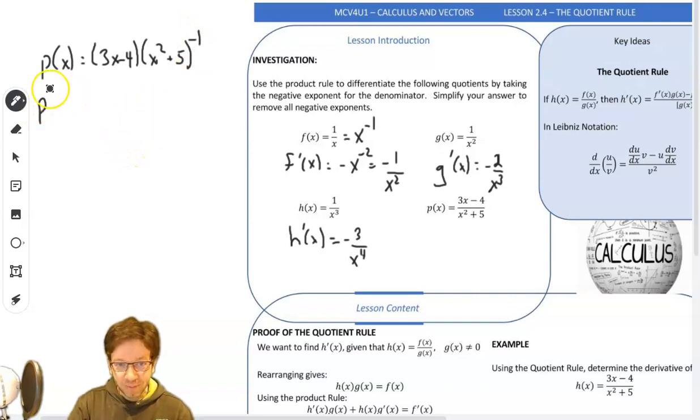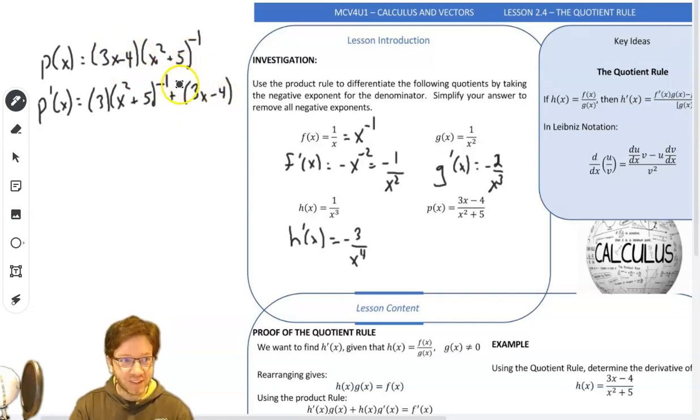So if I were to find p prime of x, well, let's do this. Find the derivative of the first bracket, so it's just 3, and multiply by the second bracket. Then we're going to add just the first bracket and the derivative of the second bracket.